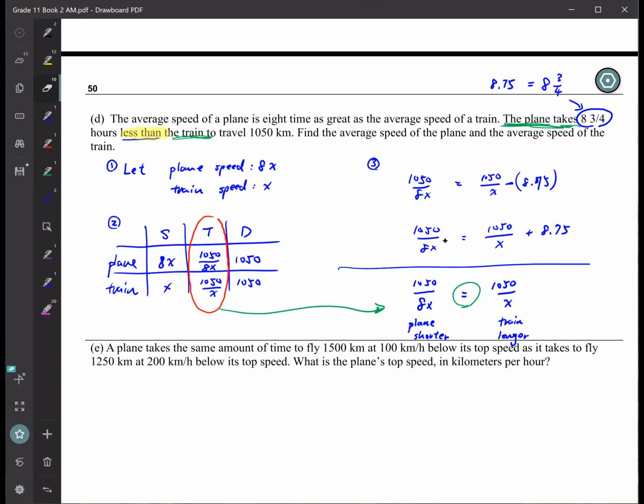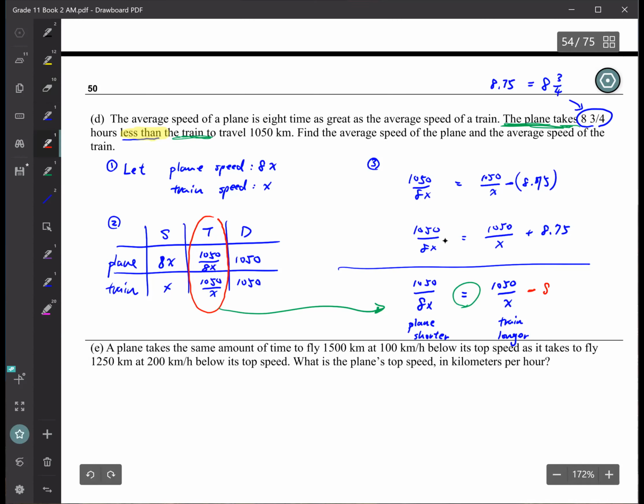If you want to balance those two, you have 2 options. You either subtract from the longer one to bring it down, or add to the shorter one to bring it up. So if I want to put an 8.75, I need to subtract from the longer time.